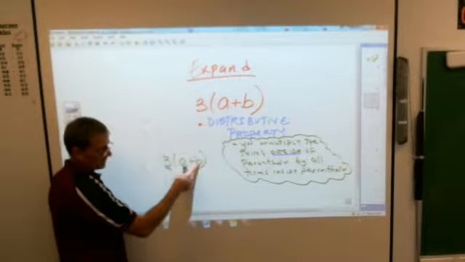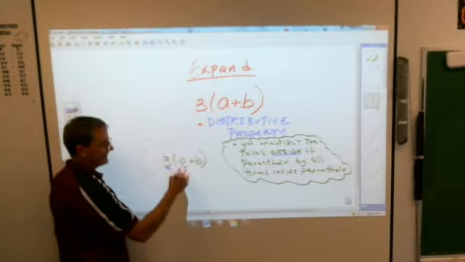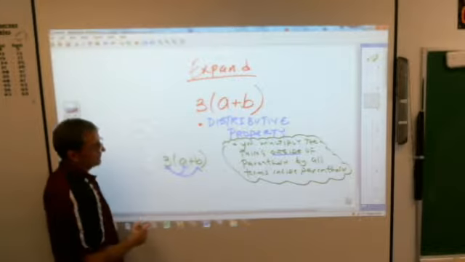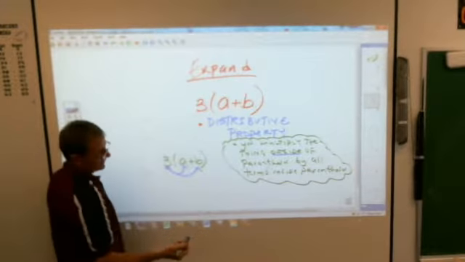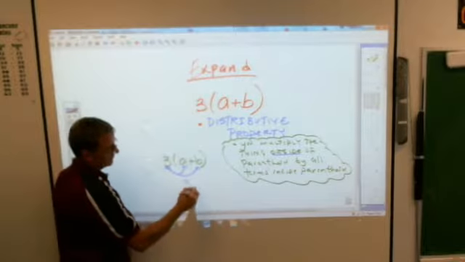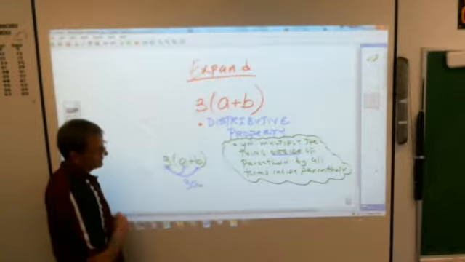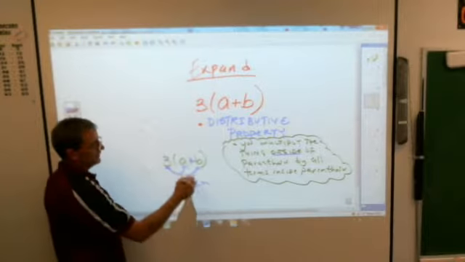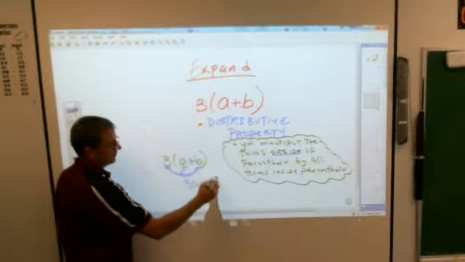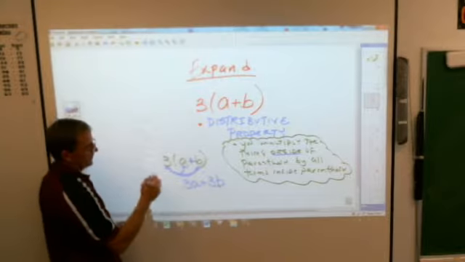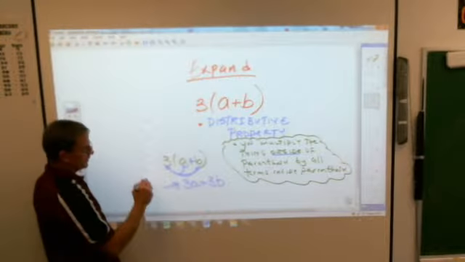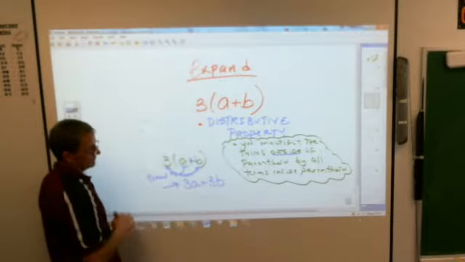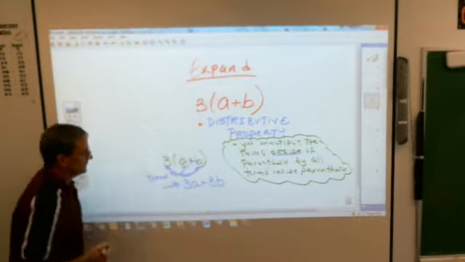I multiply it by the A, and then I go back and multiply it by the B. 3 times A, you can't really do anything with it, it just ends up being 3A. There's a plus sign, which comes down with that, and then 3 times B is 3B. This is what you get when you expand this: 3A plus 3B.